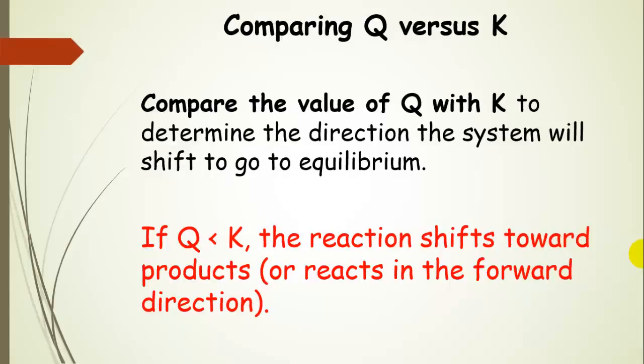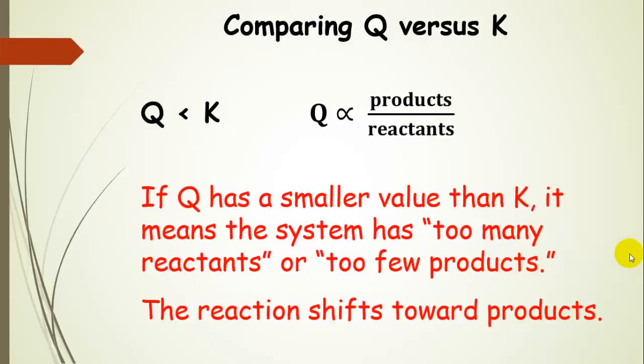Now, if Q is smaller than the equilibrium constant value, so in other words, Q is less than K, then the reaction is going to shift toward products. That's basically reacting in the forward direction. Let's talk about that a little bit more.